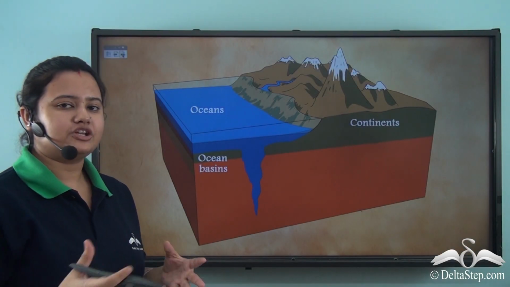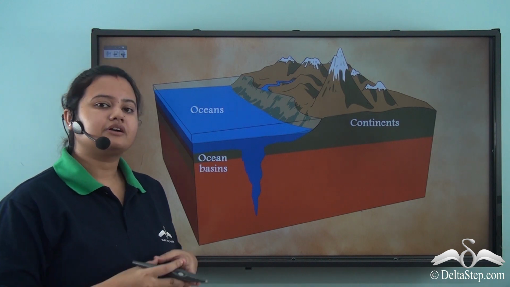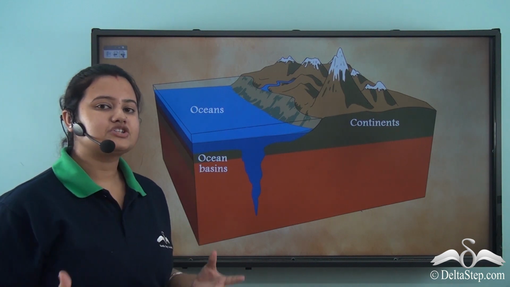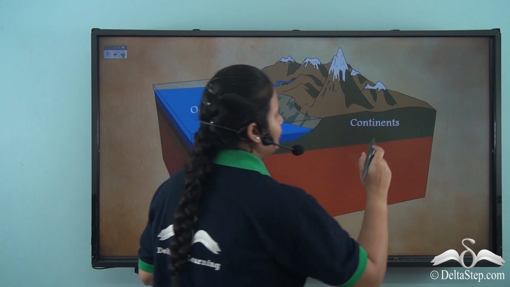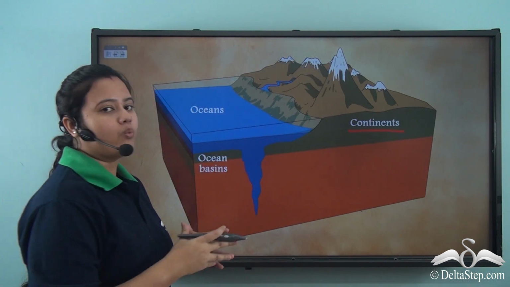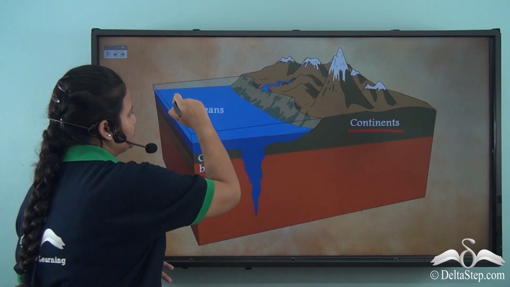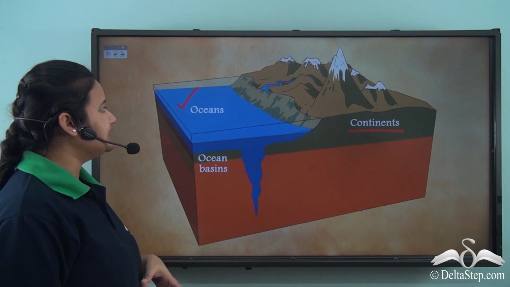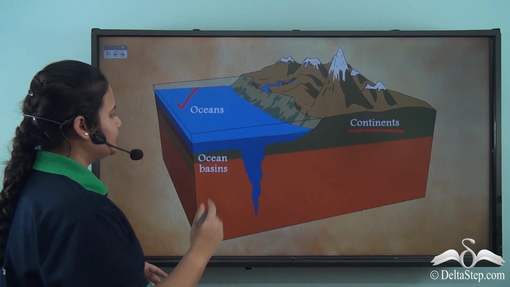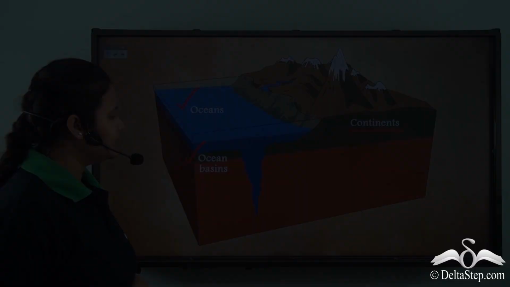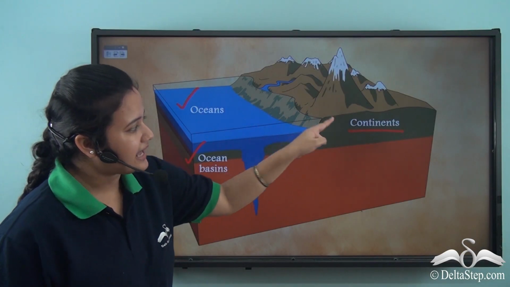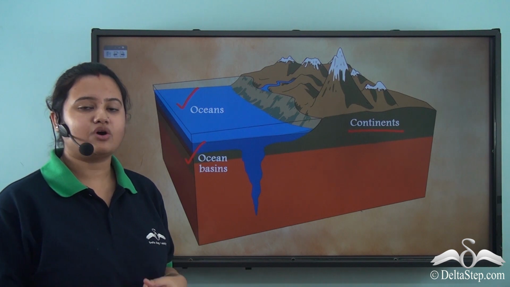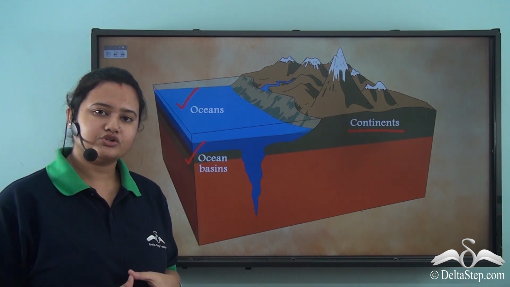Now, as mentioned previously, lithosphere comprises large land masses called continents and vast water bodies called oceans. Now, the part of the earth's surface lying below the oceans is known as ocean basins. Now, these ocean basins and continents comprise the whole of lithosphere.